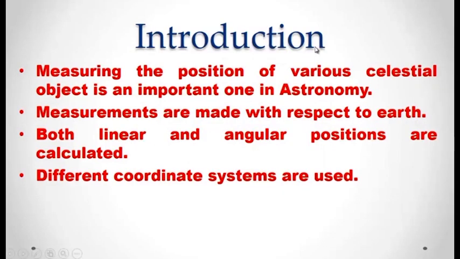Measuring the location of these objects is made with respect to Earth. Both linear distance and angular positions are calculated using the data obtained from the measurements. To do this, different coordinate systems are used in astronomy. We will be discussing all these things in this lecture.